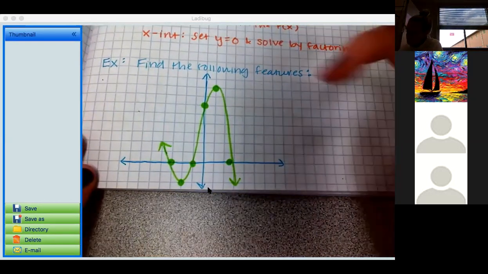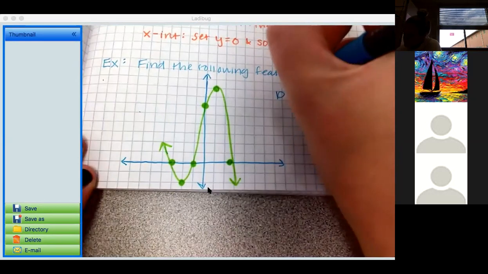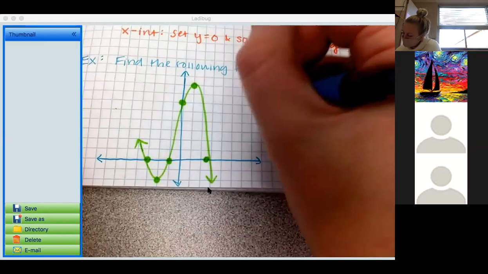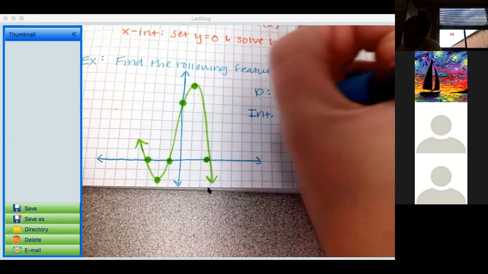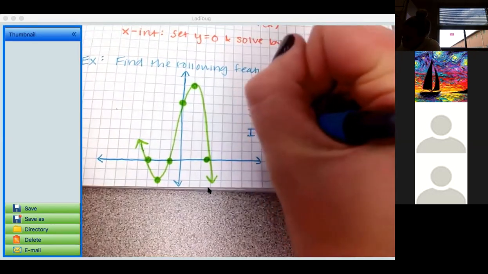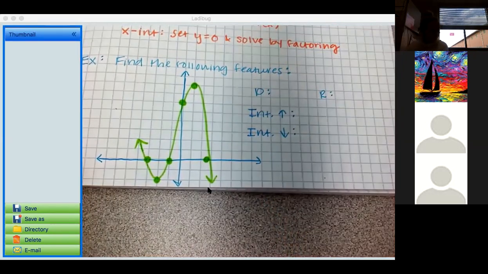Right, so from this graph, I want you guys to find the domain, the range, intervals of increase, and intervals of decrease.